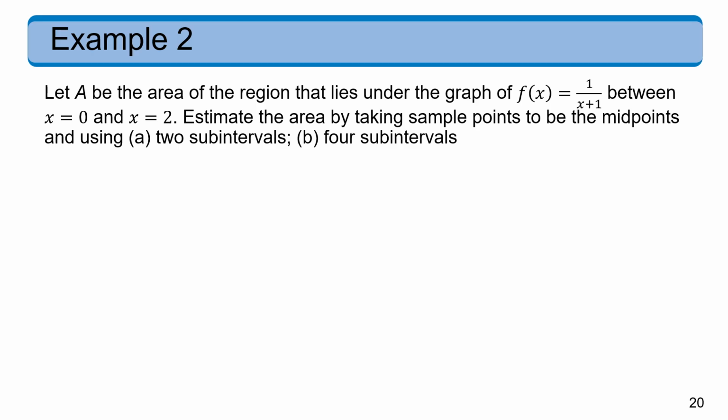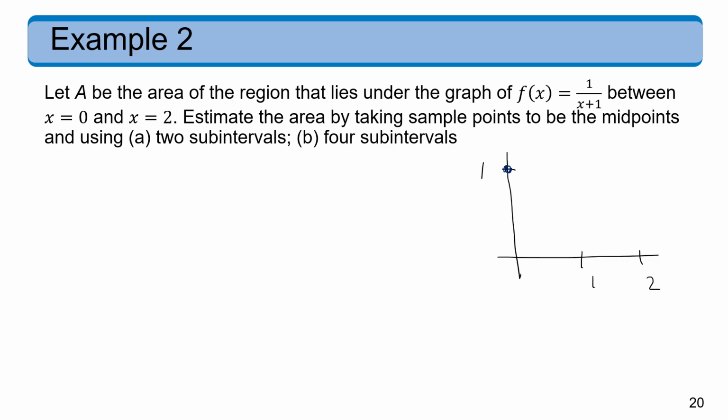In this example, we're given a curve with the function f of x equals 1 over x plus 1, and we're looking over the x interval from 0 to 2. So let's go ahead and sketch that before we read the rest of the problem. If I plot some points, when x is 0, y is 1, so we have the point (0, 1). When x is 1, y is 1/2.